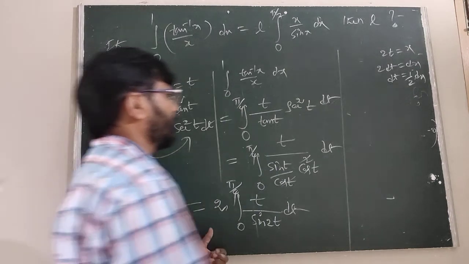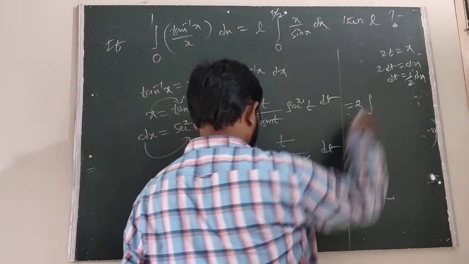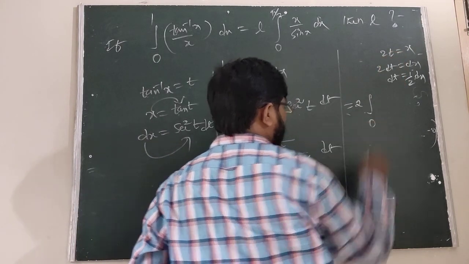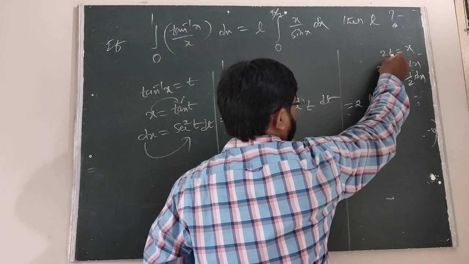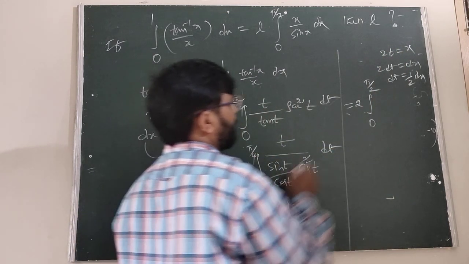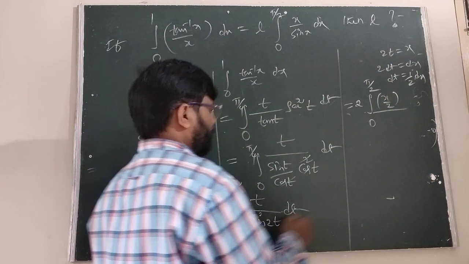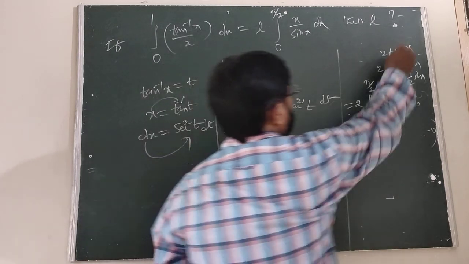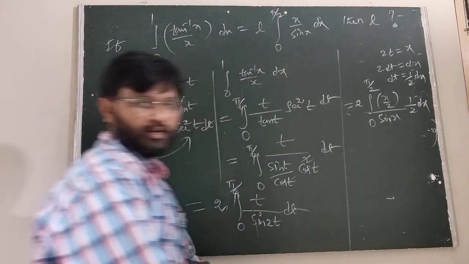Therefore then it will come, we can write the 2 into, when we take t as the variable here. When t is 0, this is 0. When t is pi by 4, 2 into pi by 4 is pi by 2. What is t here? x by 2. Therefore sin of 2t, 2t is x. But dt is 1 by 2 dx.